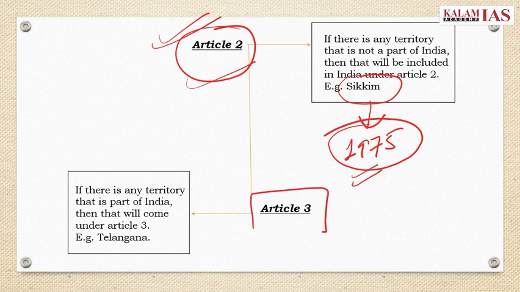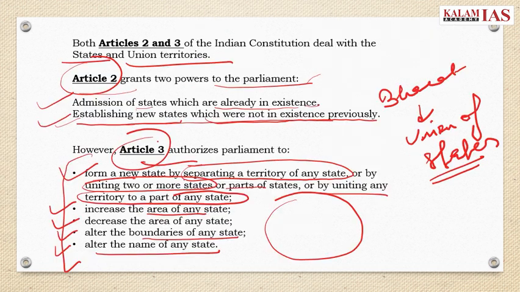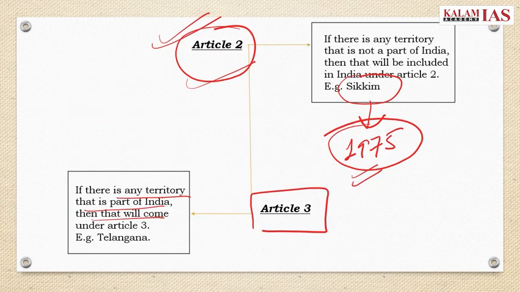Whereas in Article 3, if there is a territory which is already a part of India and then we want it to become a new state, then we will do these modifications to the states which are already in existence under Article 3. For example, Telangana.